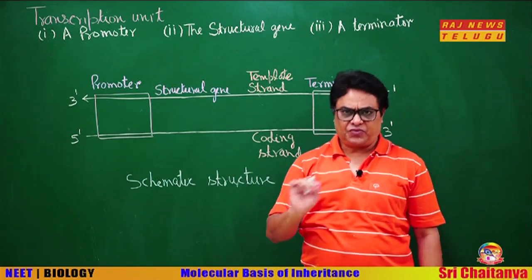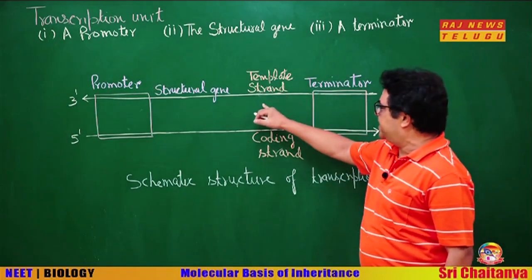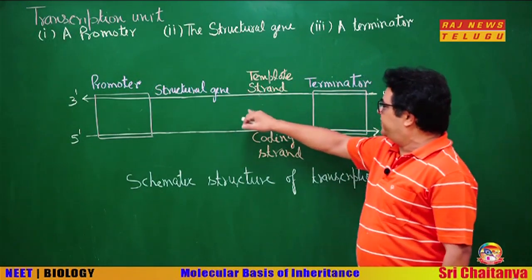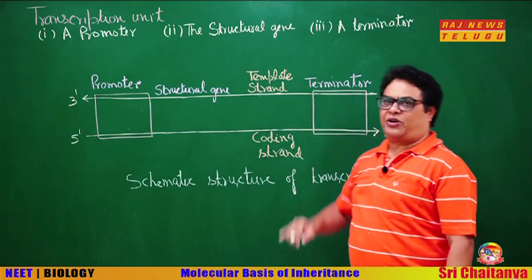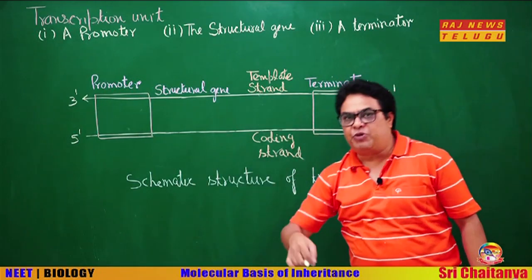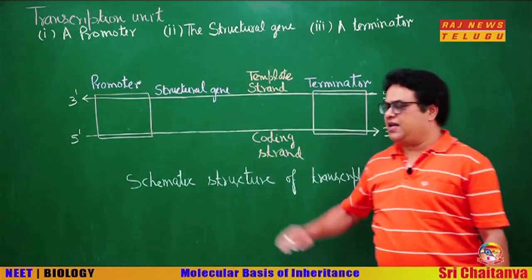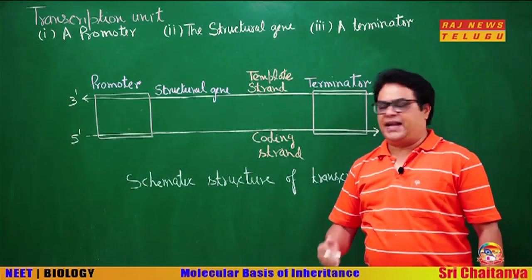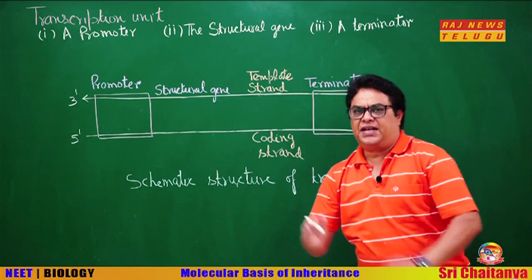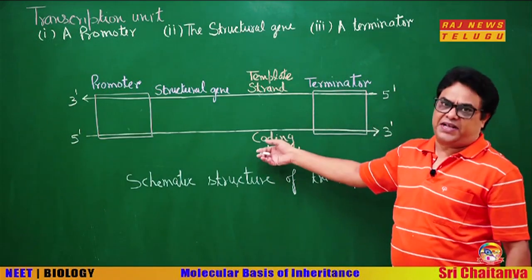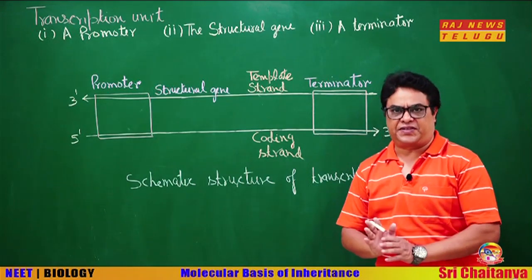That is why this strand is called the template strand. So, that strand of the structural gene that has 3' to 5' polarity is called the template strand, and actual copying of this strand takes place. The other strand, which does not participate in the transcription process, is displaced at the time of transcription. This strand is called the coding strand, although it is not participating in the process of transcription.